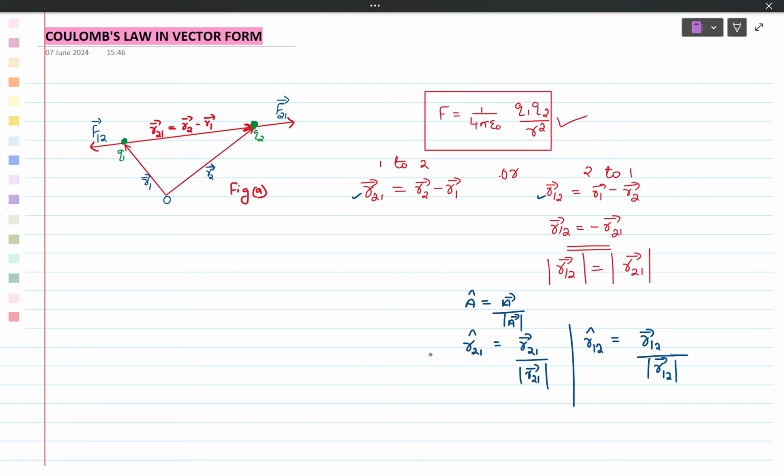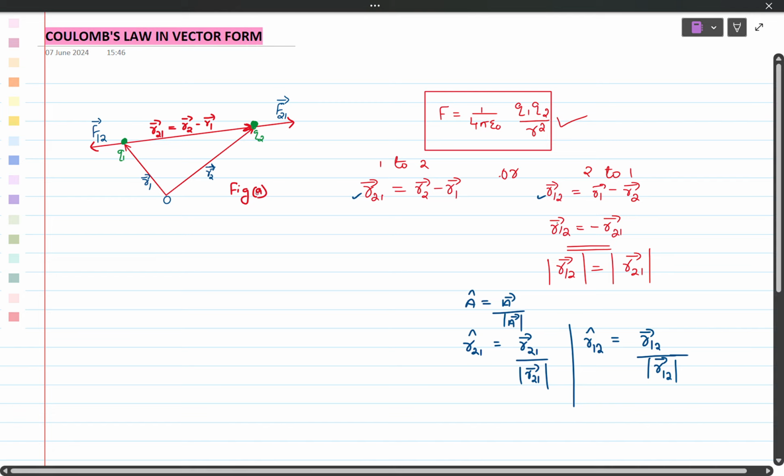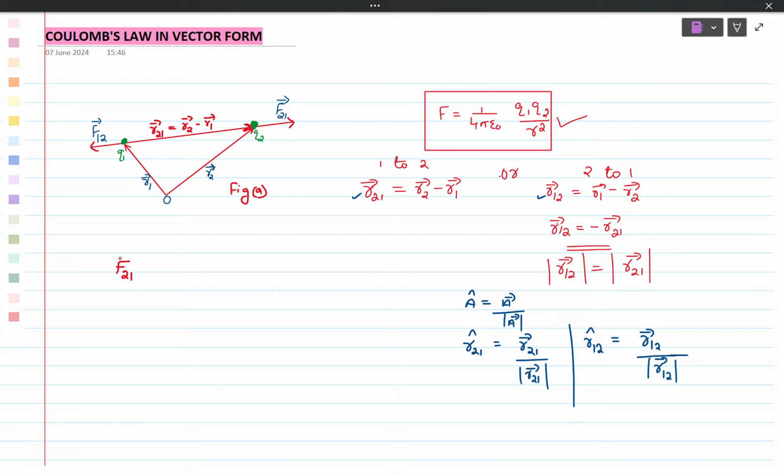Now let's rewrite the Coulomb's law equation. First let's see F21. What is F21? F21 means the force on charge Q2 due to Q1.